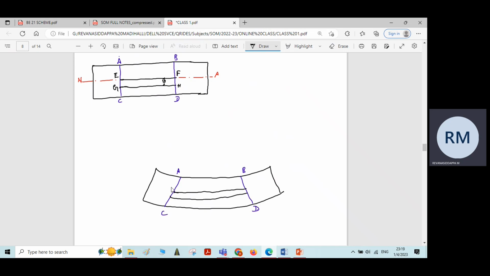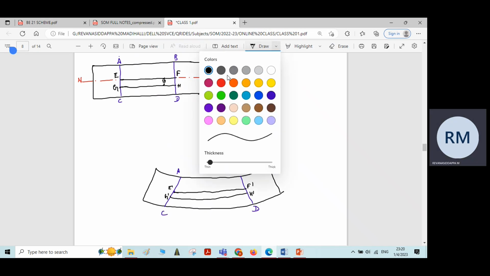Now, after the beam being subjected to bending, I will write the points E and F as E dash and F dash, and here G dash and H dash. Now this AC and BD will form a curve with some angle subtended between the AC and the BD.